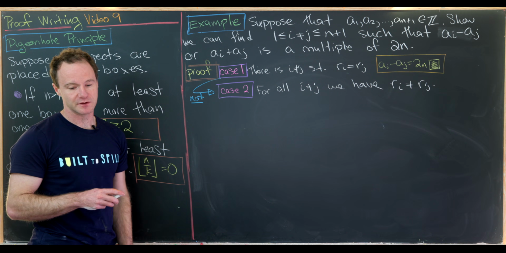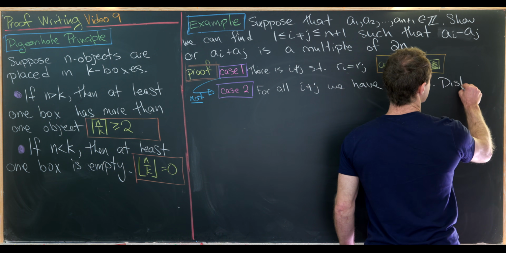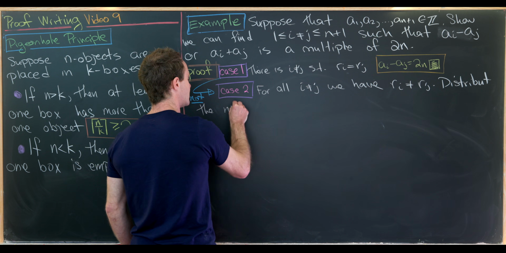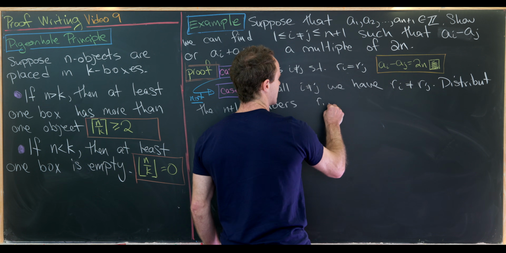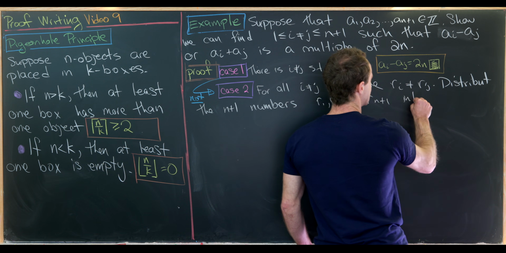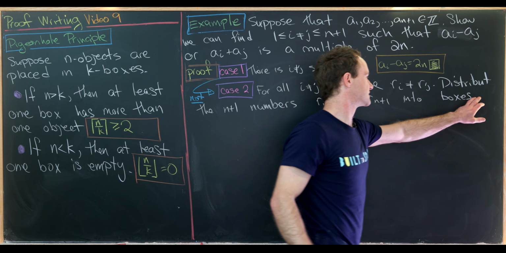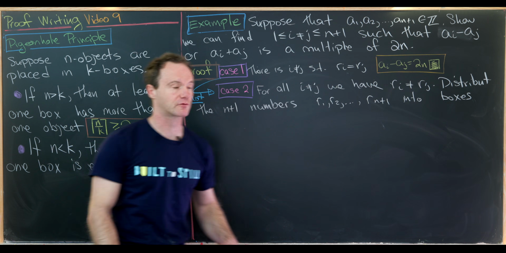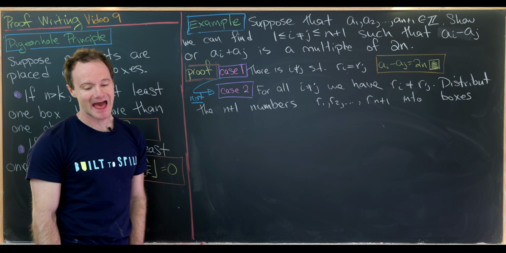So let's figure out what those boxes are. Let's start by distributing the n plus 1 numbers, r_1, r_2, all the way up to r_{n+1}, into the following boxes. And those boxes are going to be all pairs of remainders after dividing by 2n that add up to 2n.